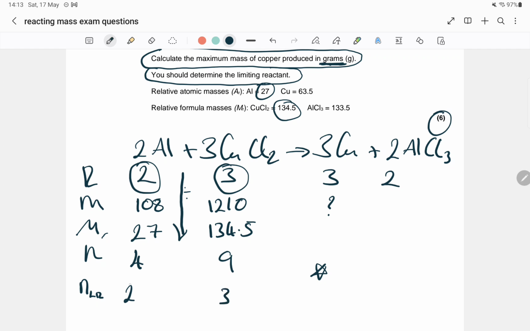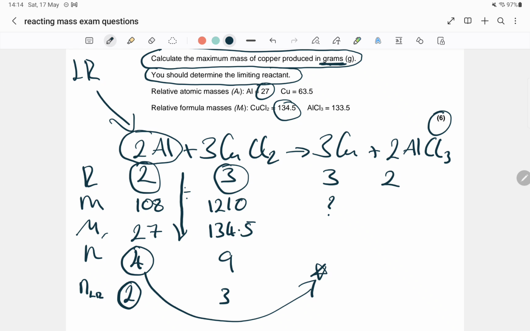And if we see 2 is smaller than 3, that means aluminium is my limiting reactant. Somewhere in your question, you're going to have to make it very clear that you've calculated aluminium as your limiting reactant. Right, once you've calculated your limiting reactant, these moles are the ones that we are now going to move over this side by using the ratio.